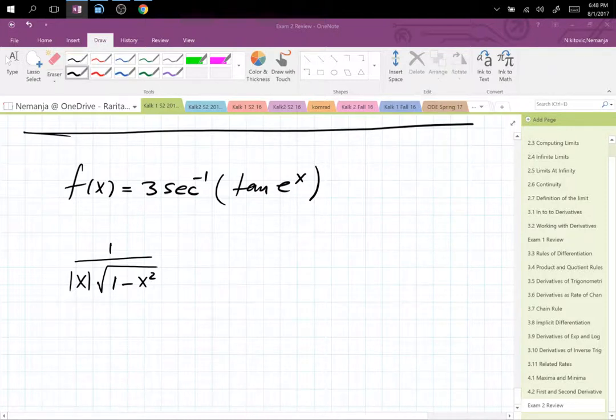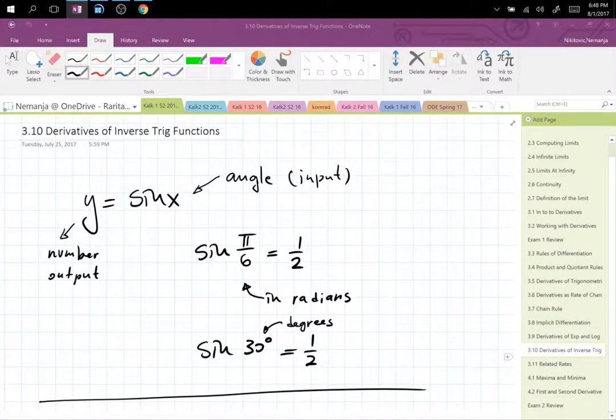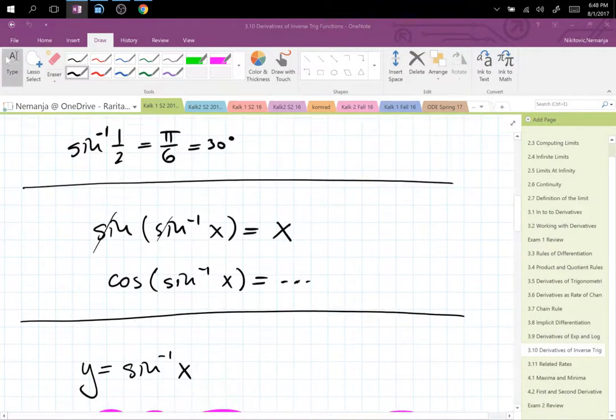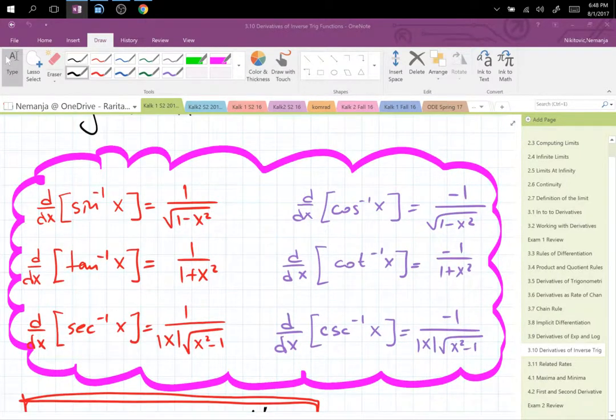Do we recall this? Let me find derivatives of inverse trig. There we go. And there it is. On the bottom left in red, 1 over absolute x root of x squared minus 1.